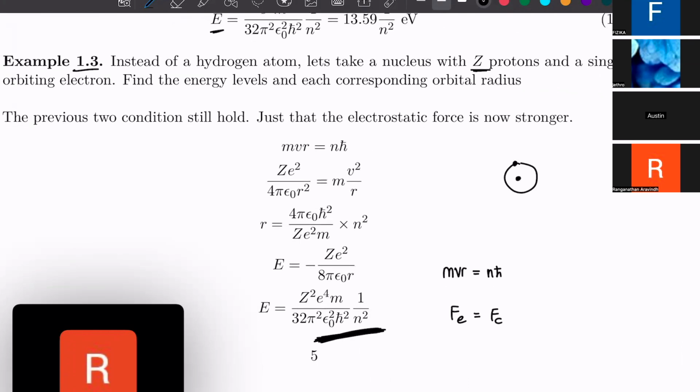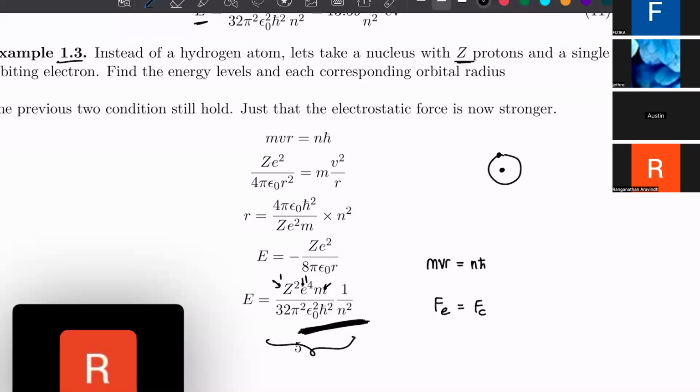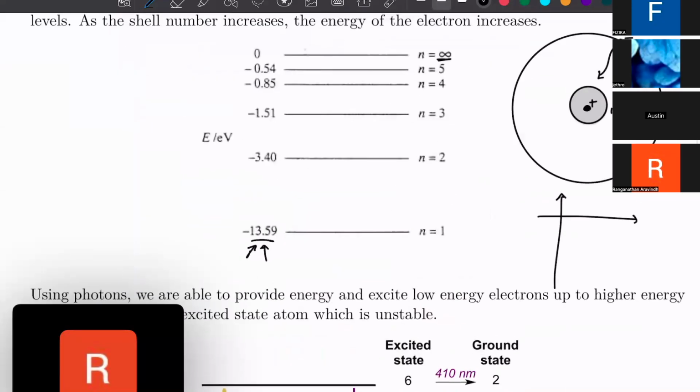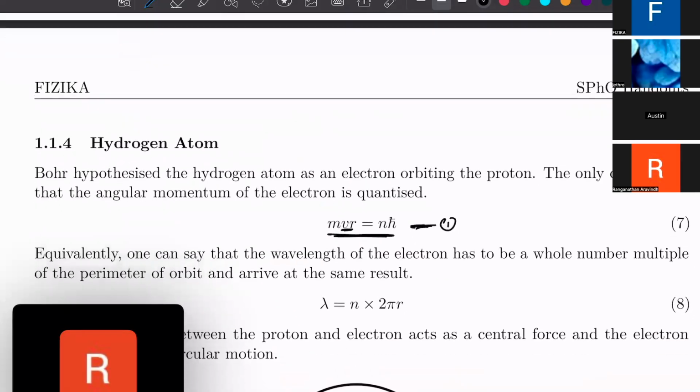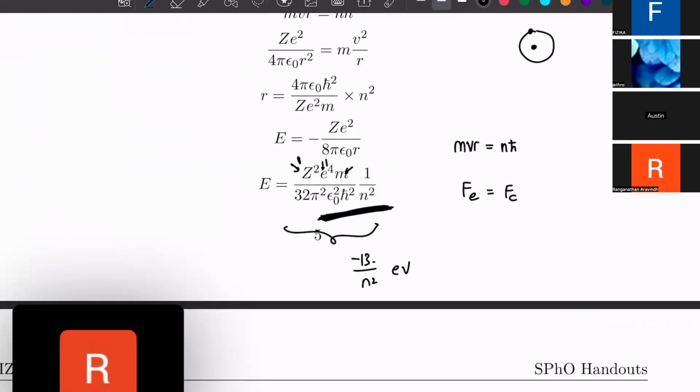And then if you substitute Z equals 1, with 1.6 times 10 to the power of negative 19, the mass of the electron, and all the constants, you'll get that this entire thing equals negative 13 point something over n squared electron volts, which is correct because we got this. I substitute in 1 because it's a hydrogen atom.